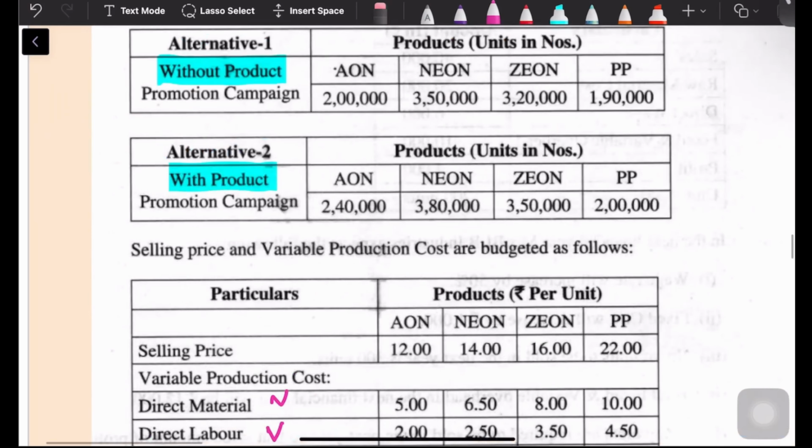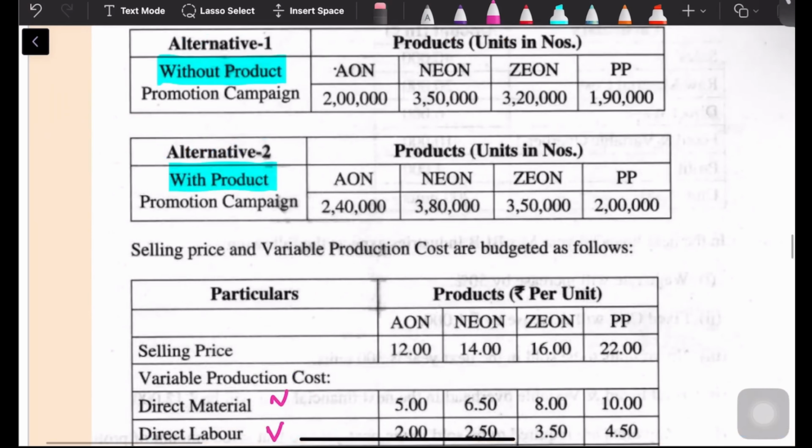So how many hours are consumed? 380 into 0.6 hour per unit, so 228 is consumed. 2,28,000 is consumed here. Now balance how much I have? 890 minus 228, 662.